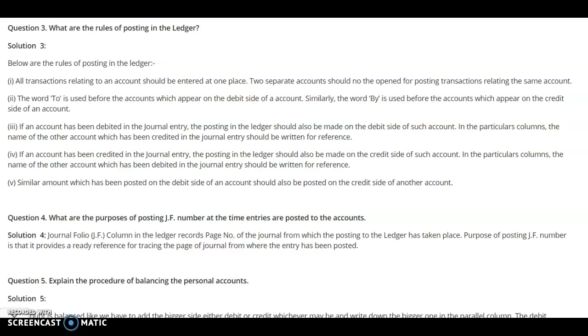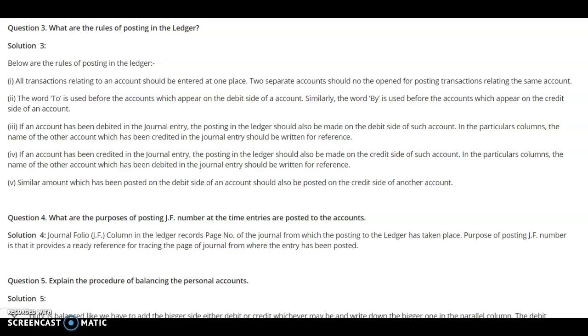One is simple entry and compound entry, and second is the opening entry. For this lesson at this moment, all the types of entries we categorize into two parts. One category comprises the simple and compound entry, and the other is called the opening entry.